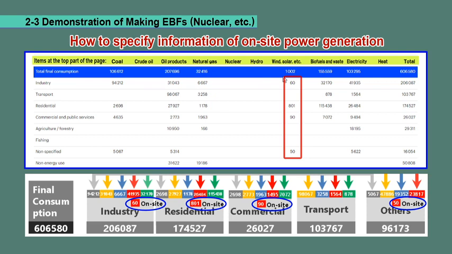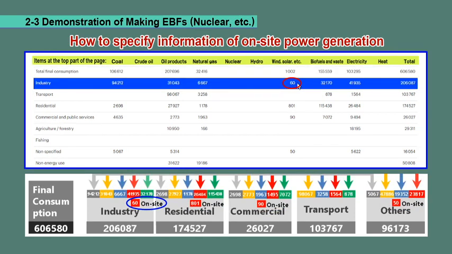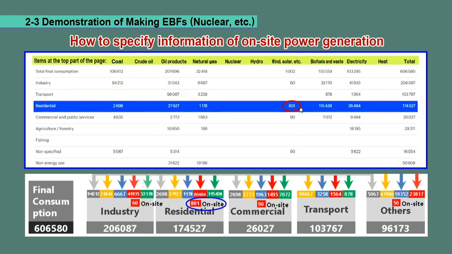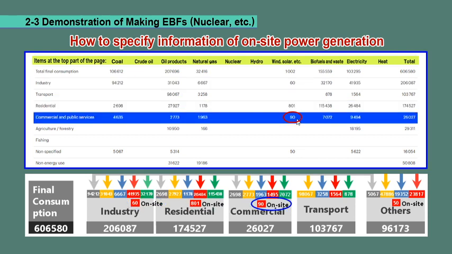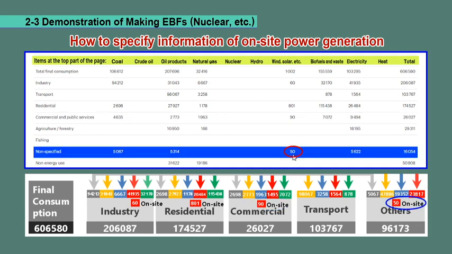In the IEA table, wind, solar, etc. contains 60 for industry, 801 for residential, 90 for commercial and public services, and 50 for non-specified. They are regarded as energy from wind, solar, etc. at the final consumption phase, primarily solar power, with power generation taking place at the final consumption phase. Include these values.